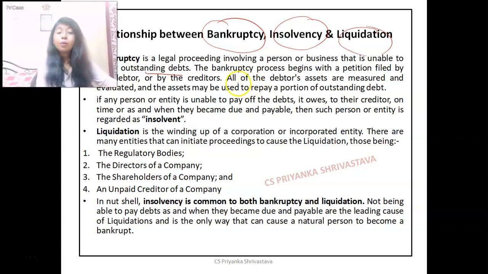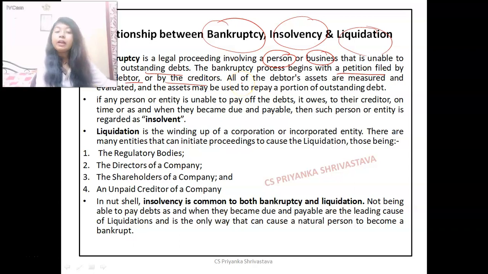Okay, so what the word bankruptcy says is that it is a legal proceeding which involves a person or a business, which also includes a sole proprietor, who is unable to repay the outstanding debt, and the bankruptcy process begins with a petition filed by the debtor or a creditor.